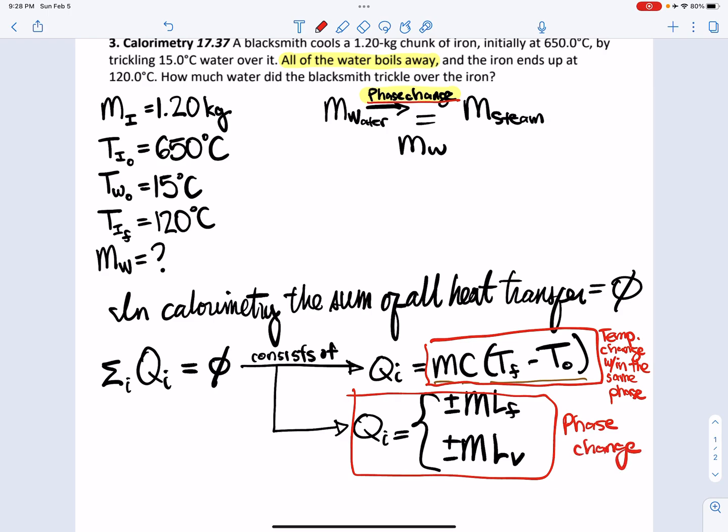So you're just going to have to choose between the latent heat of vaporization when you deal with something between liquid and gas, and the latent heat of fusion right here when you deal with something between solid and liquid or liquid to solid, right?